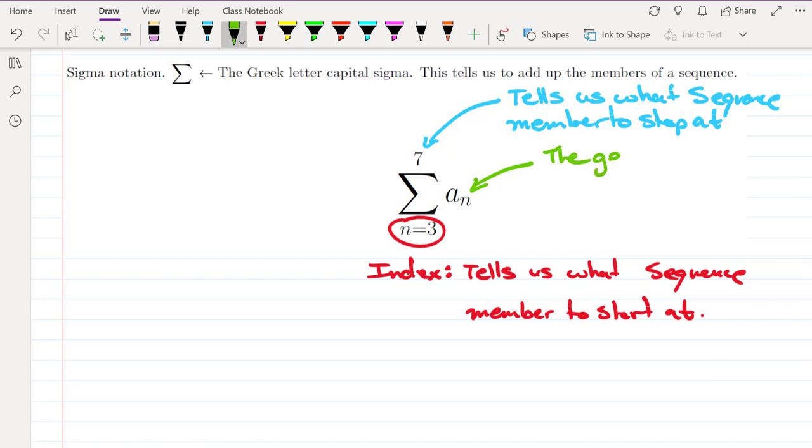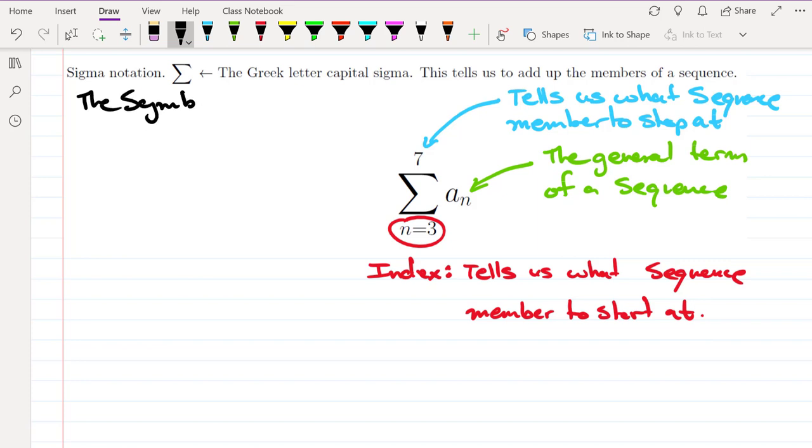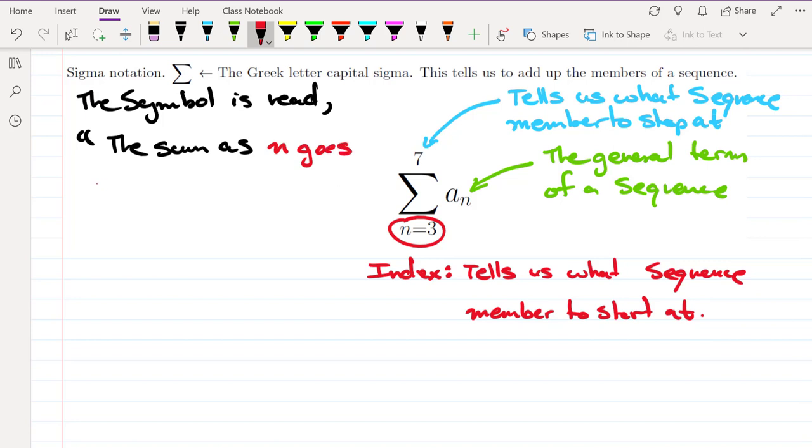So the symbol is read as the following. We have the sum as n goes from 3 to 7 of a sub n.